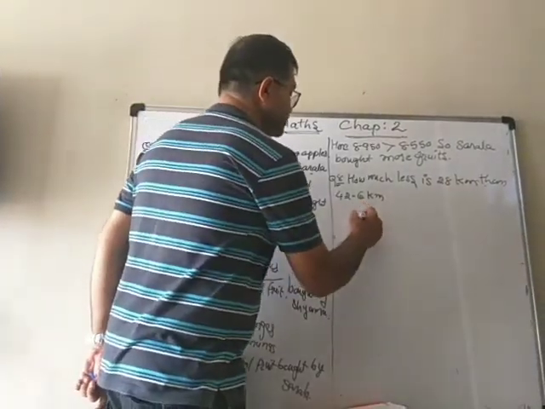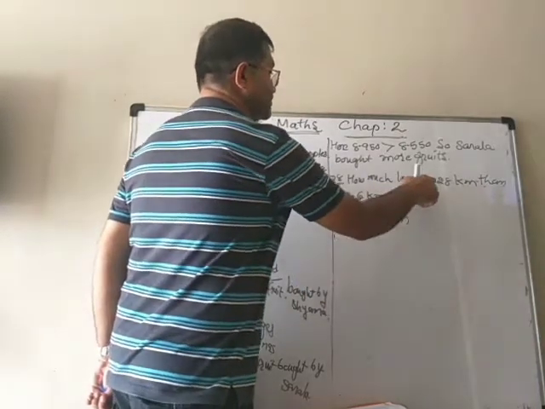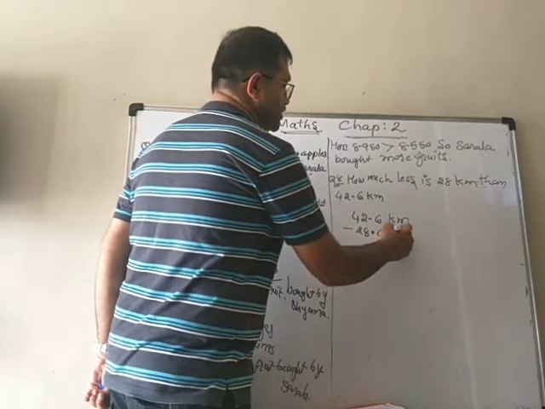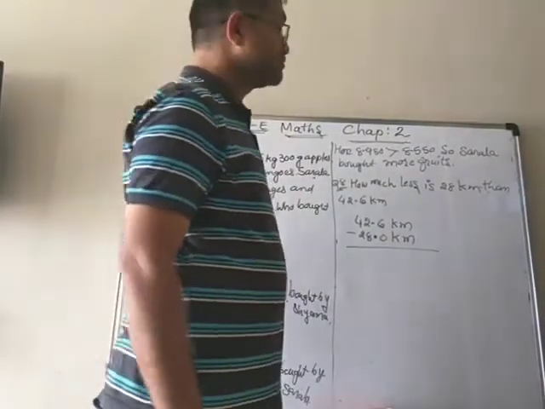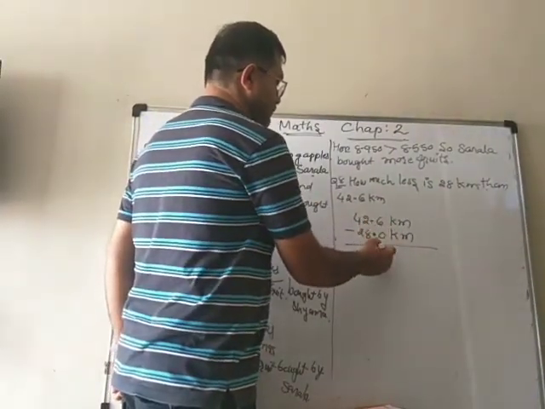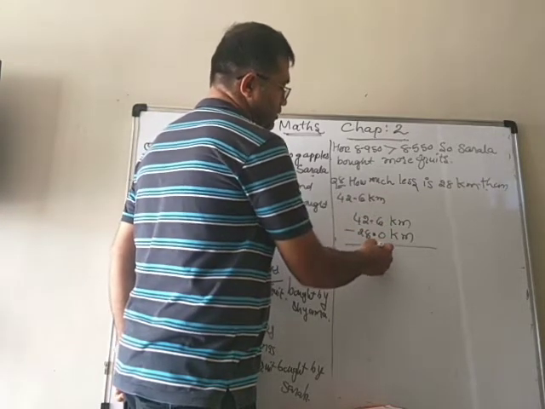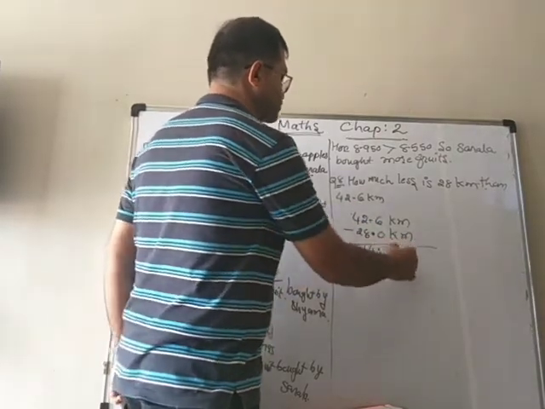So 42.6 kilometer minus 28, but there is no point, so we can put 28.0 kilometer for our convenience. So 6 minus 0 is 6. 12 minus 8 is 4, here 3, 3 minus 2 is 1.